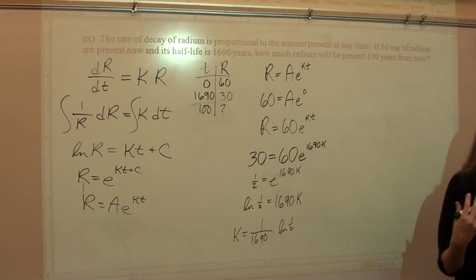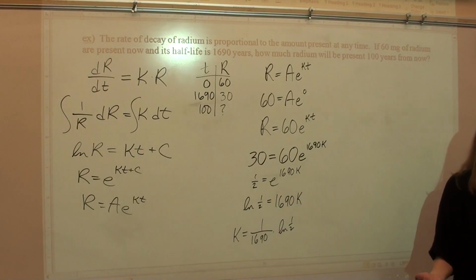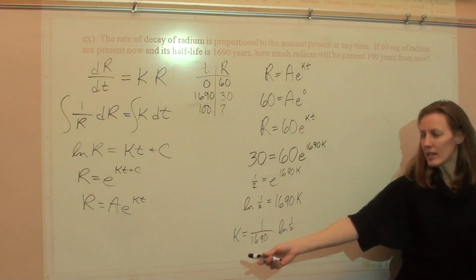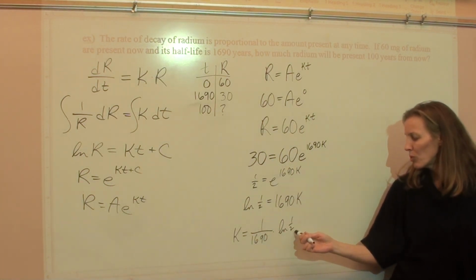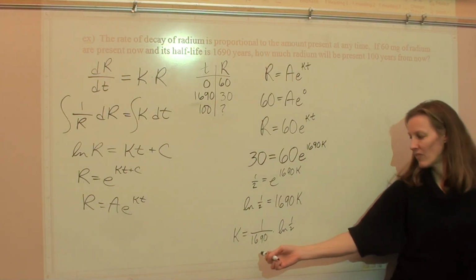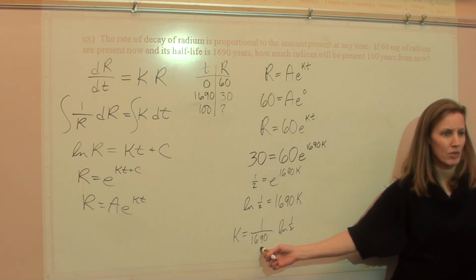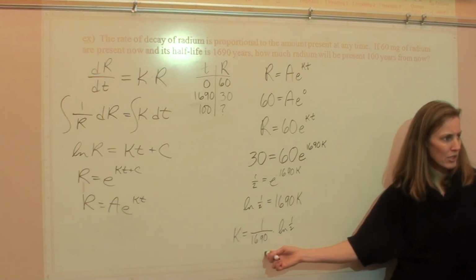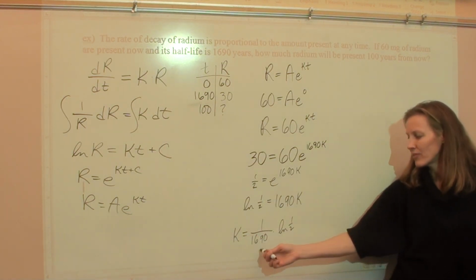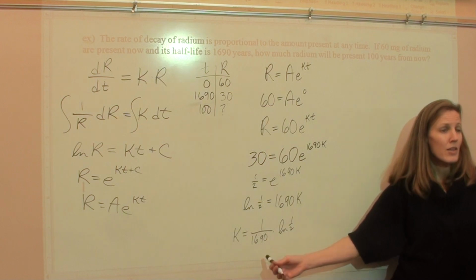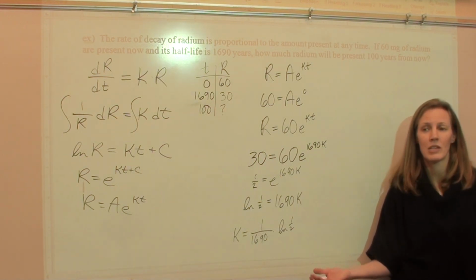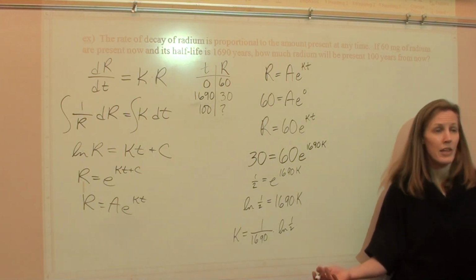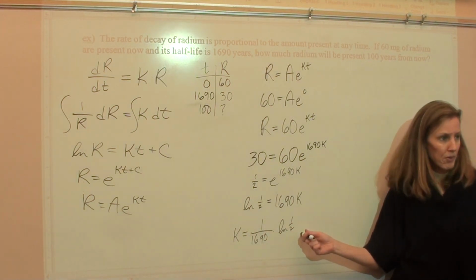By the way, one of the things I'm hoping you'll start to realize is that for PERT problems, k is always the natural log of the proportion of the amount that remains, divided by the time it takes to get that amount. So if a half-life is 1690 years, k is ln of 1/2 divided by 1690. In other problems, it might say the population takes 10 years to quadruple, then you would have 1/10 ln 4.